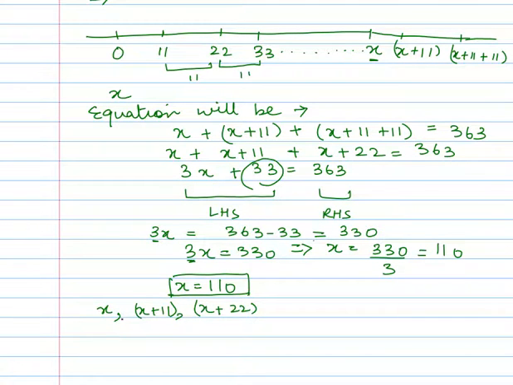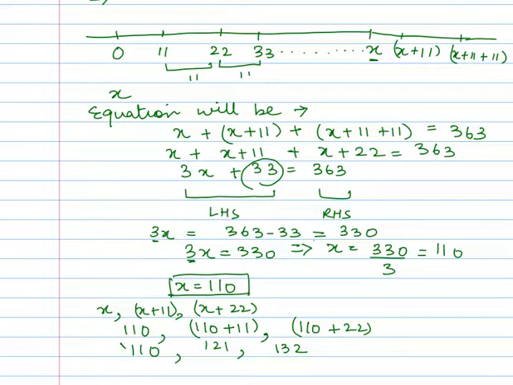So we will put in 110, 110 plus 11, and 110 plus 22. This is our third multiple. So 110, it forms 121, it will form 132. Yes, so this is our answer.